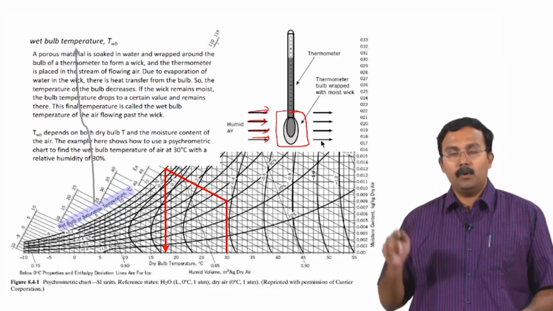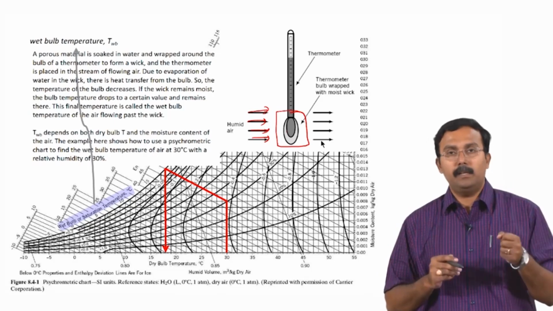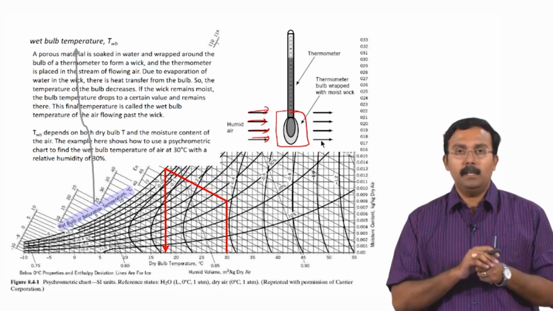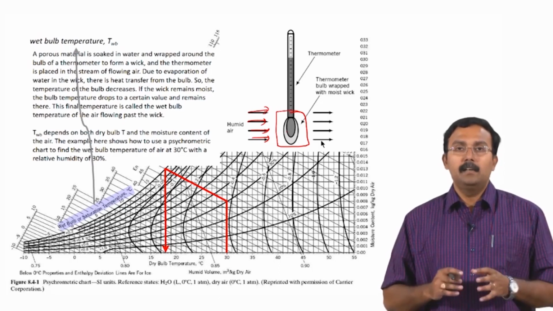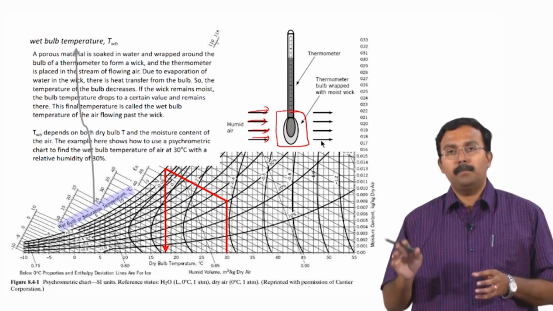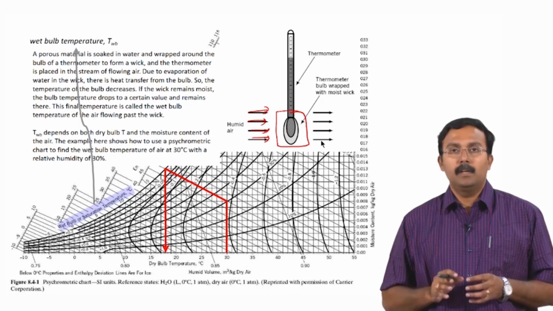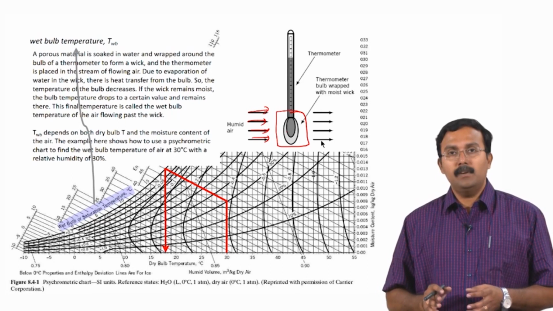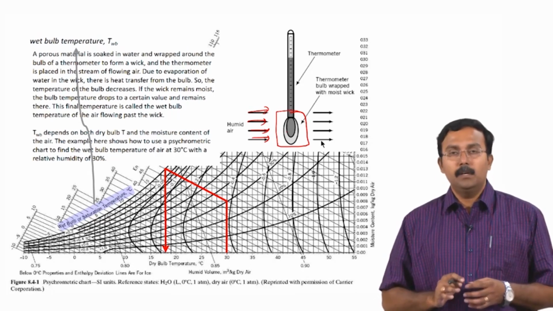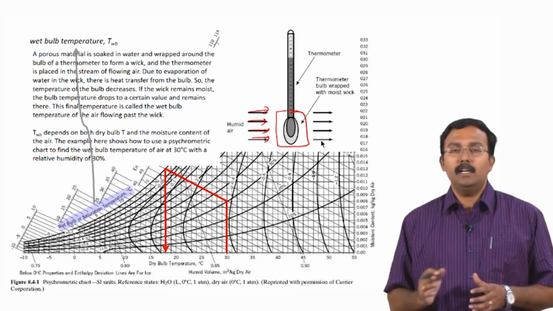If it keeps going round and round across this wet wick which remains wet, more and more water is going to get evaporated till the air water vapor mixture reaches saturation. Once there is saturation of water vapor, you will still have the wet wick, but the water is not going to get evaporated.